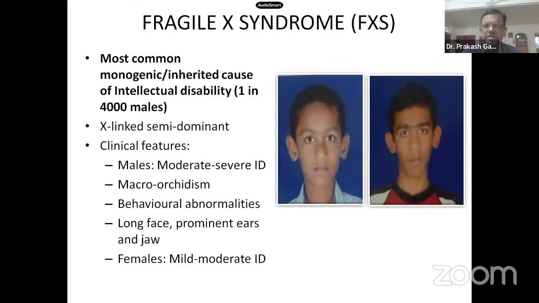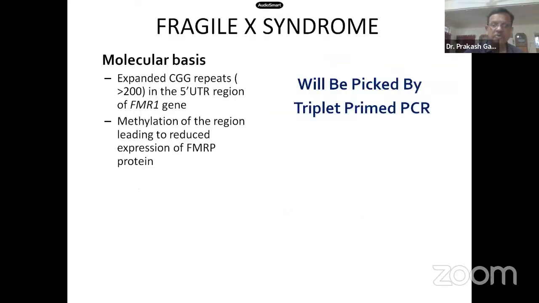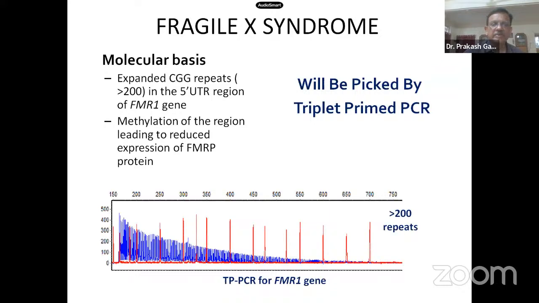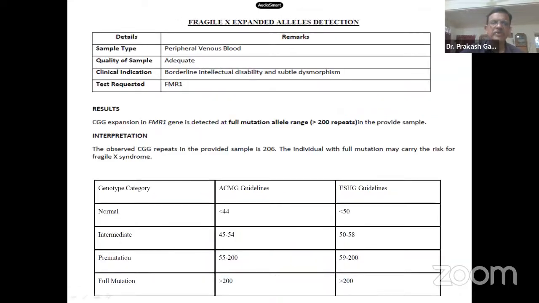It's a classical history in Fragile X syndrome, where you don't use exome sequencing or a simple PCR, but what you have to order is something known as a triple prime PCR. This is a different technique which gives you the count of triplet repeats, hence the name, triple prime PCR for the FMR1 gene, which is the gene involved in Fragile X syndrome.